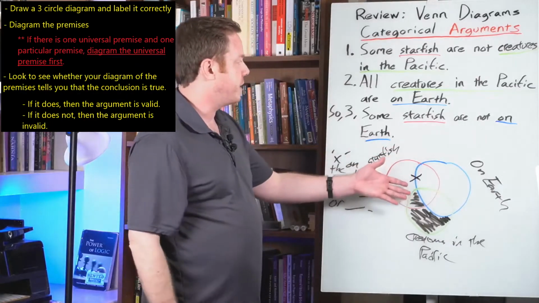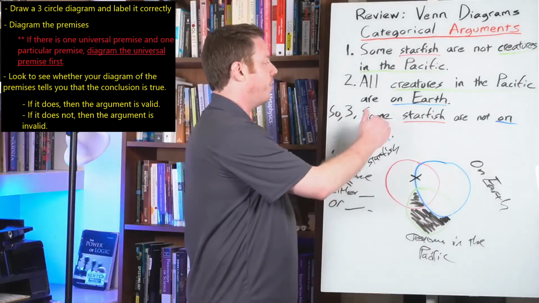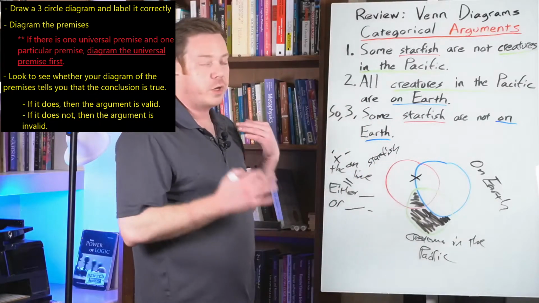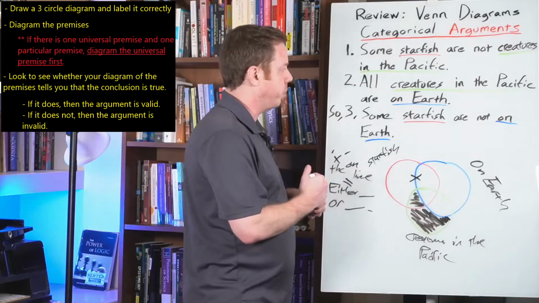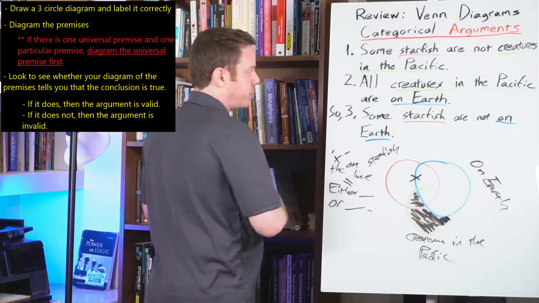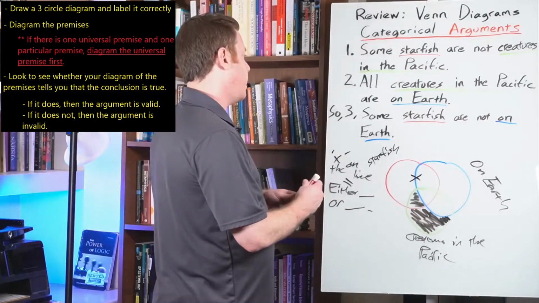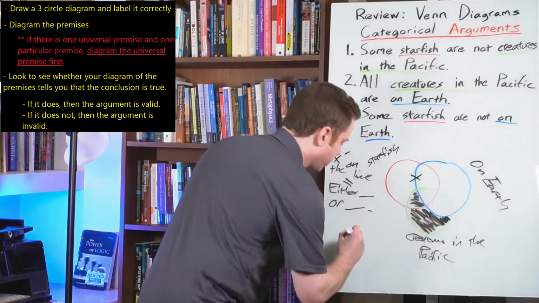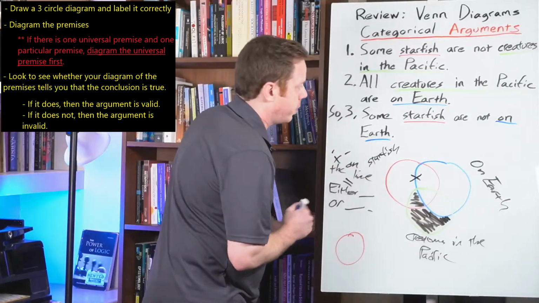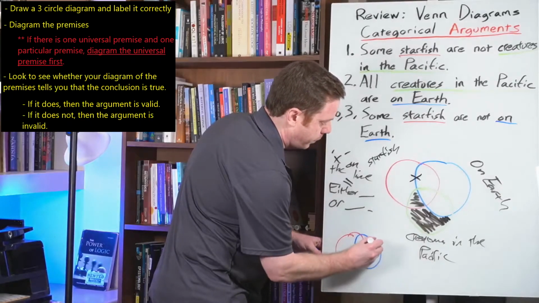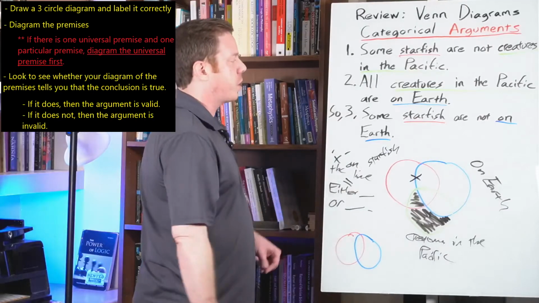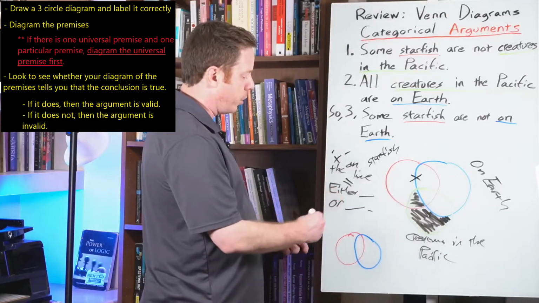Does this already contain the information that would be there if our conclusion were diagrammed with it? Well, what would a diagram, a picture of our conclusion look like? Well, let's go ahead and draw it down here. So we have starfish in Earth circles. So here's our starfish circle, and we need an on Earth circle. And our conclusion is saying some starfish are not on Earth.